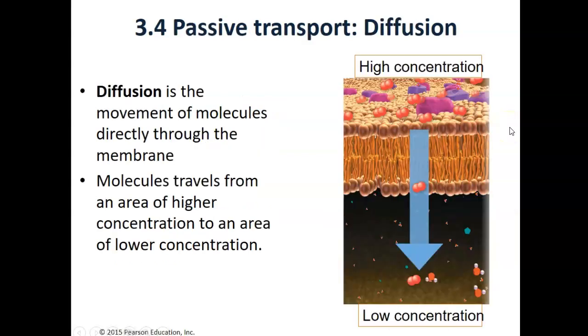The passive transport will diffuse this molecule from outside the cell, which has a high concentration area, to inside of the cell, which is the low concentration area. This movement of molecules from high concentration area to low concentration area is called diffusion.